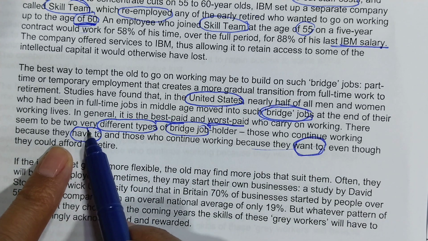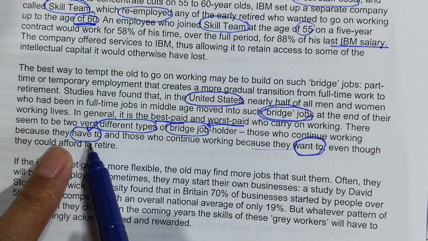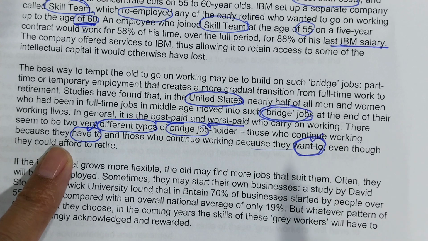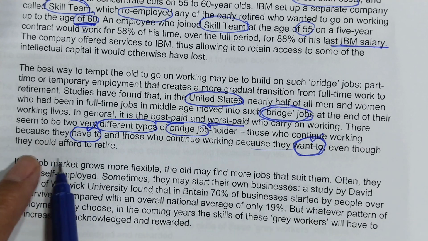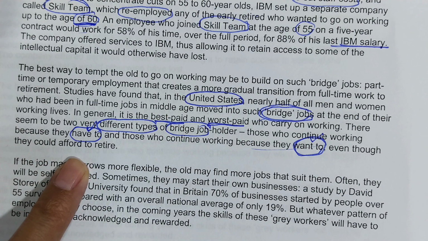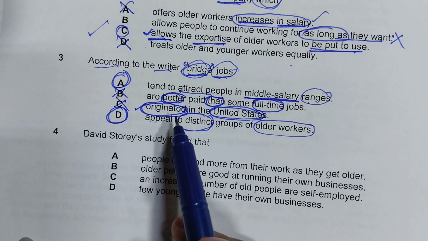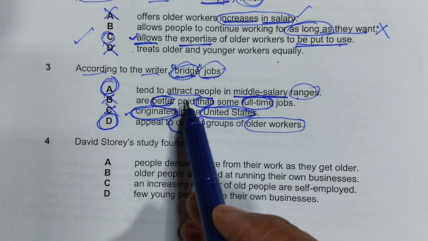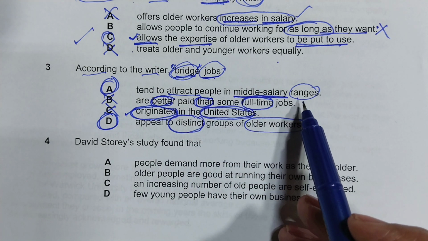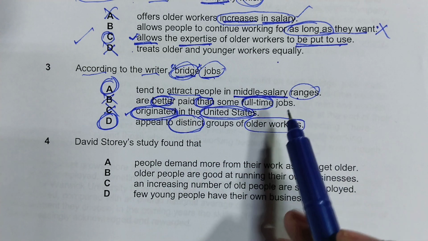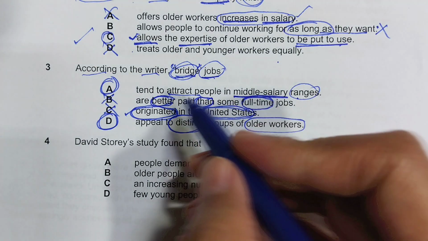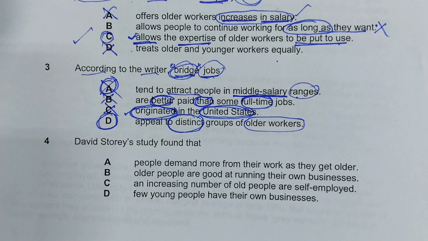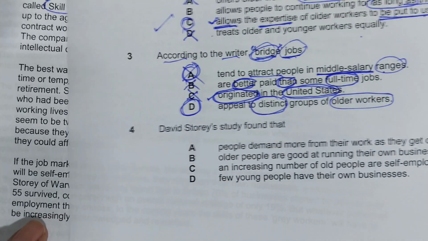For the first group of people it's compulsion, they have to work, and the second group want to work. It's not compulsion for them, they can retire but they want to work even though they could afford to retire. So in our option A, they are talking about tending to attract people in middle salary ranges. There is no information about the attraction of people towards a middle salary range. So it means our option A is not appeal to distinct groups of older workers.